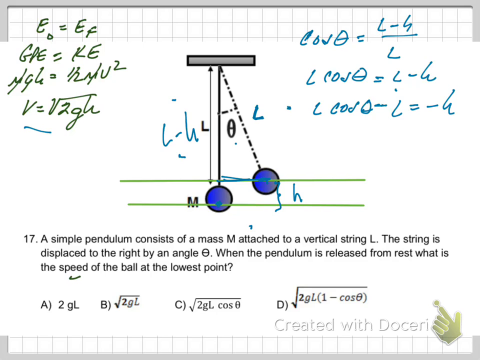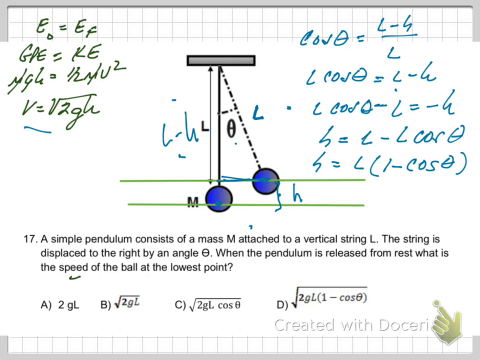Let's make h positive: L minus L cosine theta. Since L is common to both terms, we can factor out the L, and we'd have 1 minus cosine theta. So now we have a height.